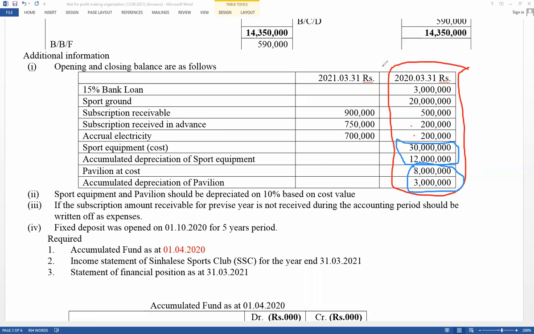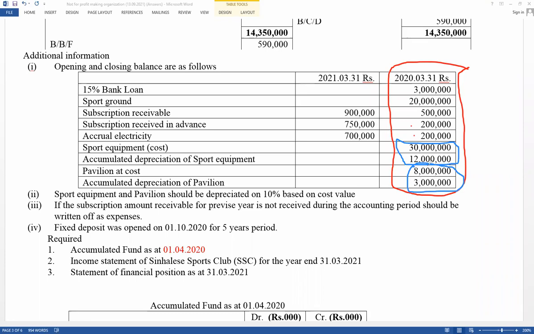Accumulated fund calculation: assets minus liability. If cost and accumulated depreciation are given separately, very important, net book value should be recorded after deducting accumulated depreciation. And think, the pavilion is also given with cost and accumulated depreciation separately, so net book value should be recorded.